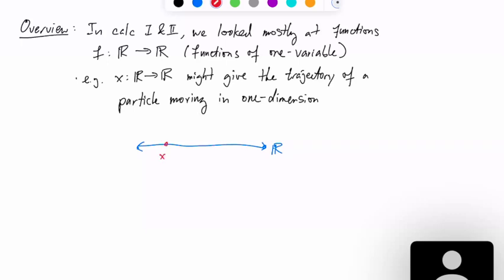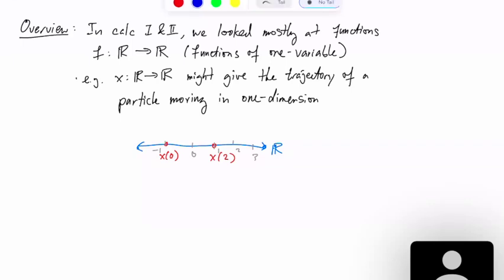Let's say this is the trajectory at x equals 0, at time equals 0. Your particle is at some point in the real line, and then at time equals 2, x is another value on the real line. So maybe this is 0, this is 1, this is 2, this is 3, -1, etc.